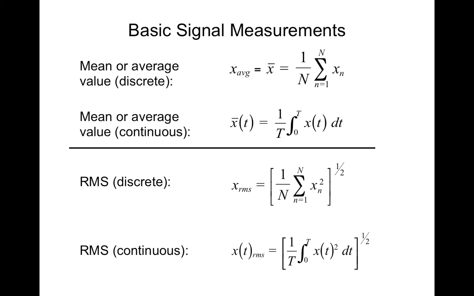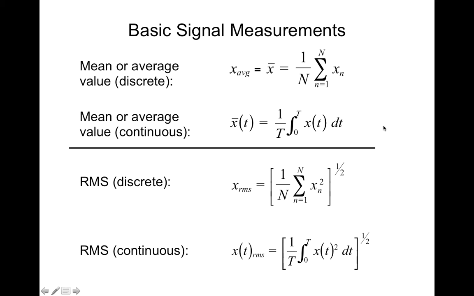Okay, so here are some basic signal measurements, some definitions, and we mentioned some of these terms in Chapter 1. Notice here these formulas come as 2 different kinds. One is if we have a continuous system, where we would have some equation that defines our function.